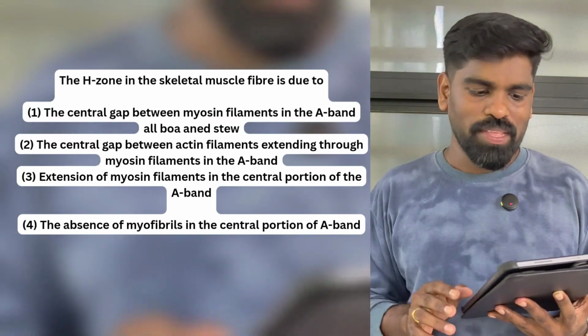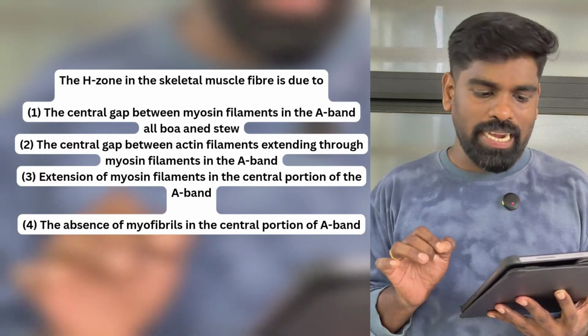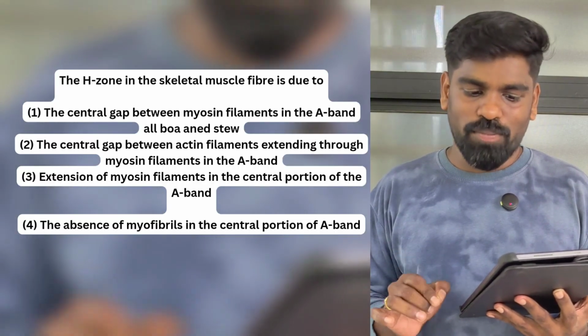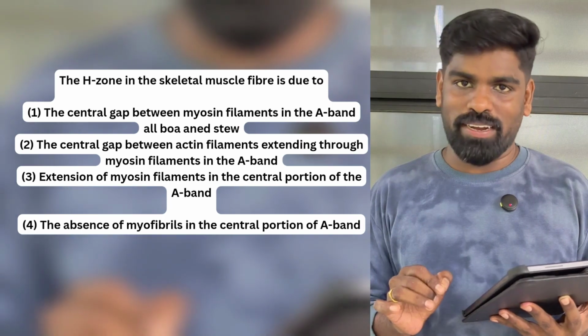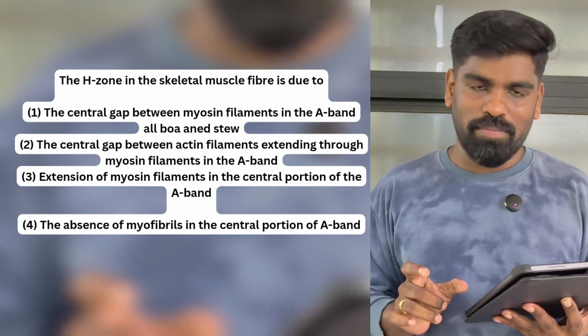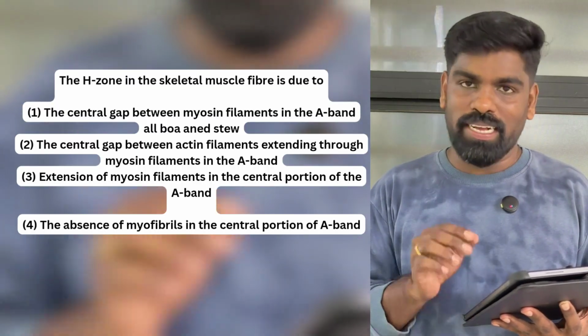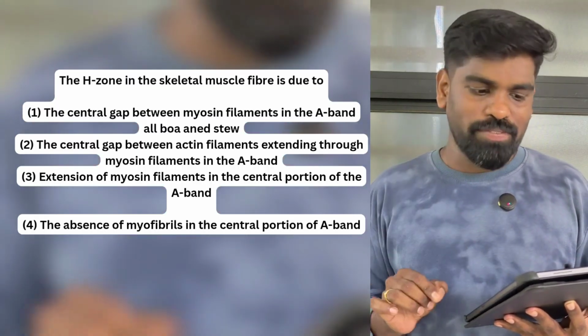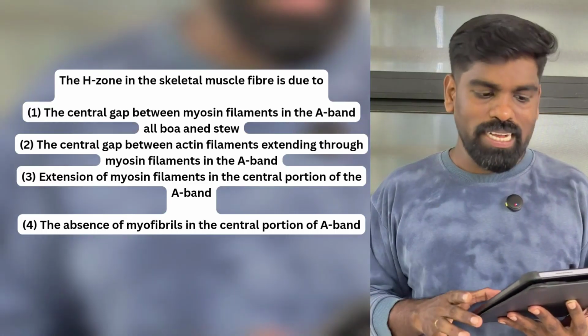Now, the central gap between the actin filaments, between two actin filaments, extending through the myosin filament in the A band, that is the H zone.